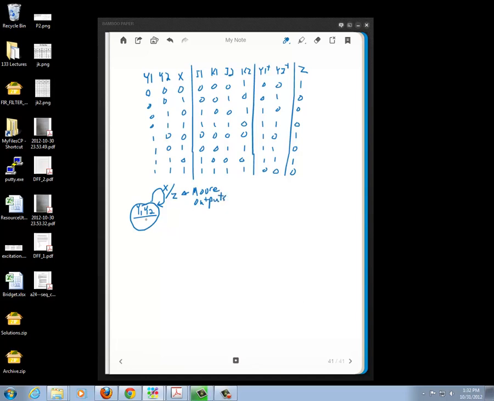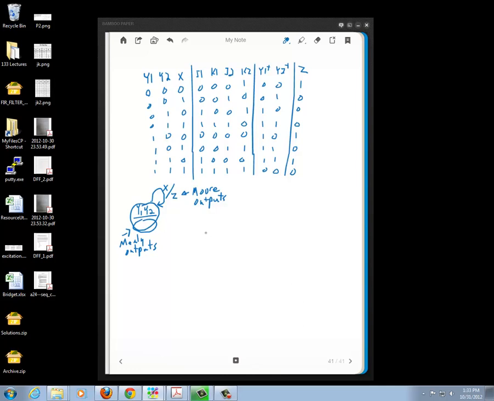And if we did have any Mealy outputs, they would go right there. Okay, so our legend here will consist of telling you what state variables we have, y1, y2, and what our inputs and outputs are.